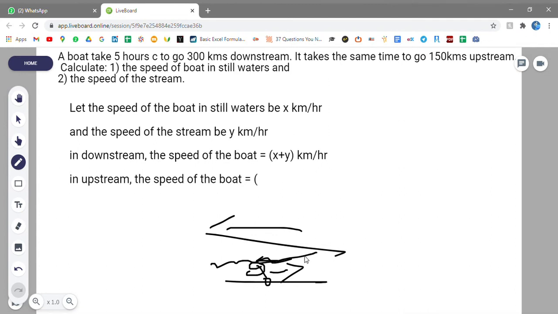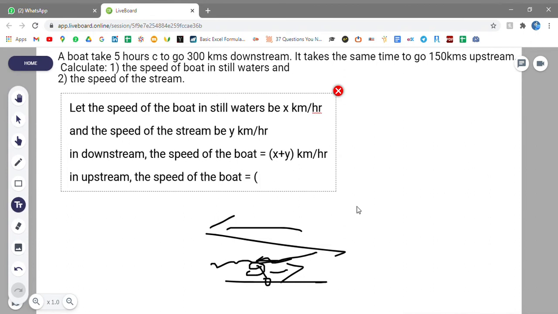So we will minus the speed of the stream. We are not going to take the complete speed of the boat as well as the stream. We'll take only the speed of the boat, that is x kilometer per hour, and subtract the speed of the stream.